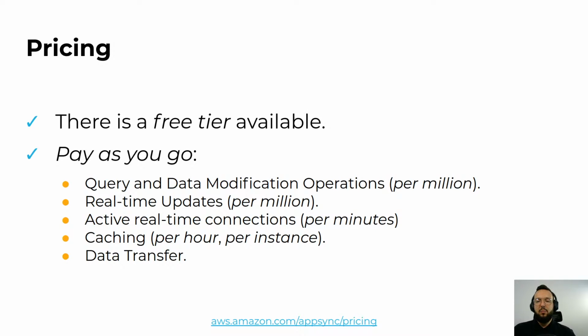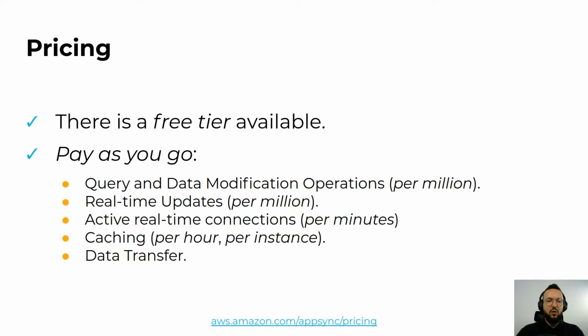Then if you set up caching, you are paying per hour per instance, because you need to provision your caching layer by choosing the instance family, instance type, and size. So you are paying per hour per instance depending on your needs and how you provision the caching layer. And last but not least, as usual with AWS services, you are paying for data transfer.